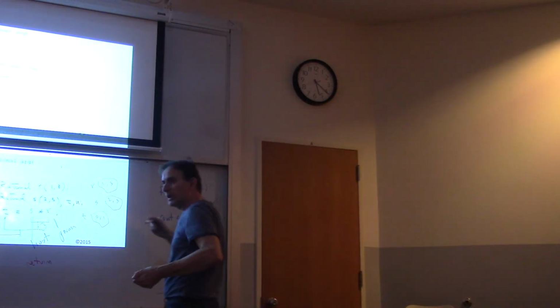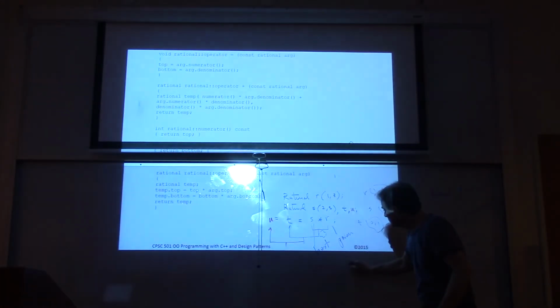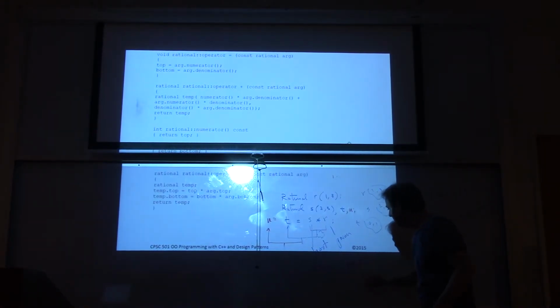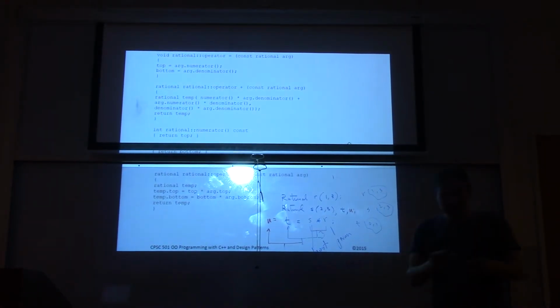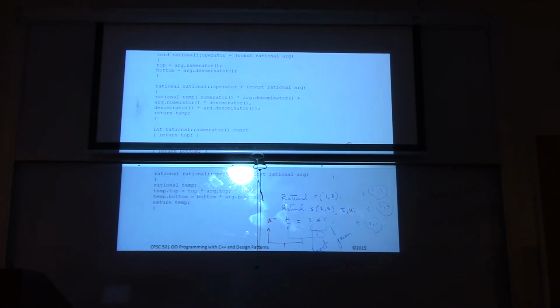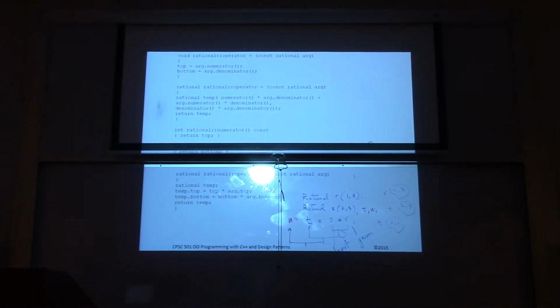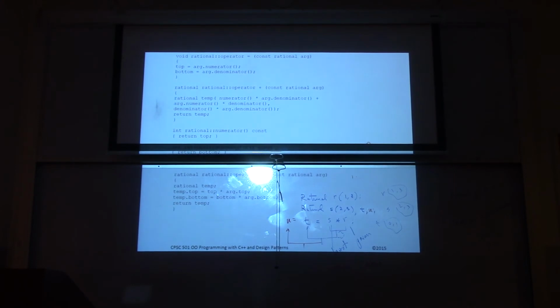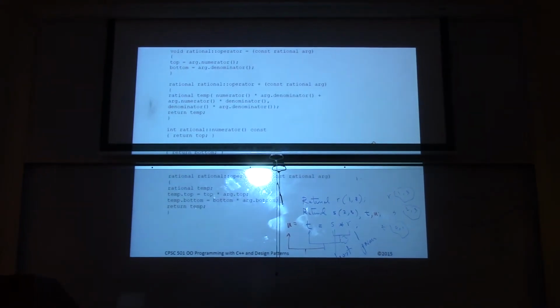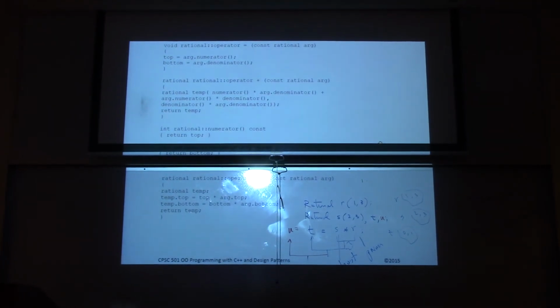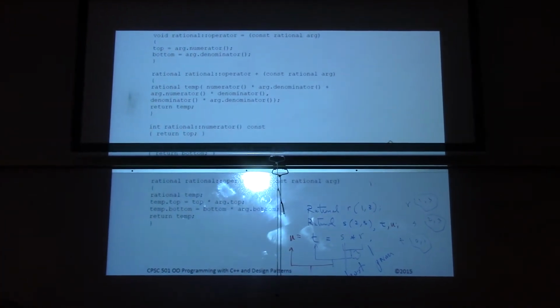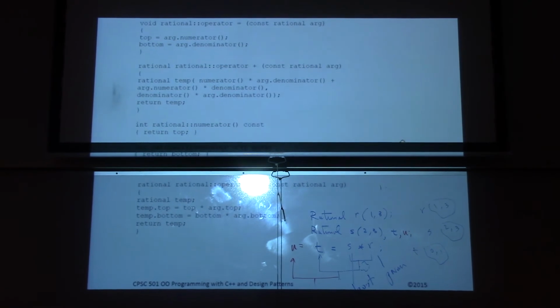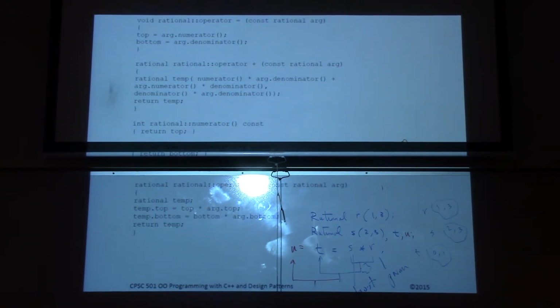So I can try to say return this, but that's going to cause an error, even though this is well known. Why is that an error? What is this? Not a reference. I never said the reference word. What is this? It's a pointer to the host.